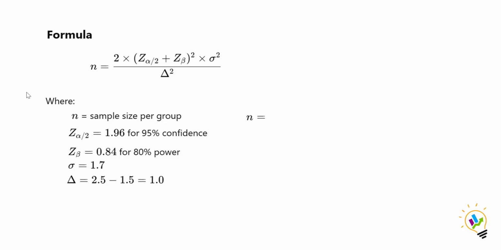Now n is equal to 2 into z alpha by 2 plus z beta to the power of whole square, that is 1.96 plus 0.84 to the power of 2 into sigma is 1.7, so 1.7 to the power of 2 divided by delta is 1 square.